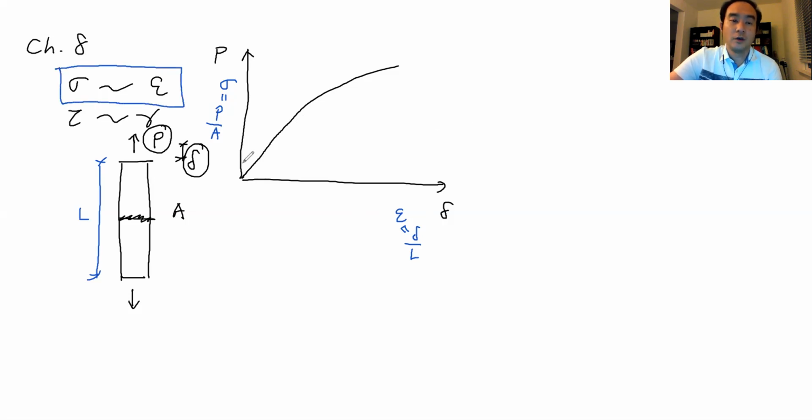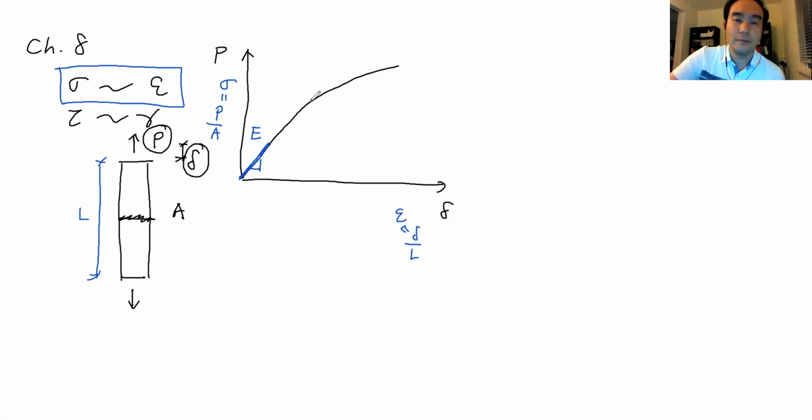First of all, we can easily find the initial proportional relationship between sigma and epsilon, that is called the Young's modulus, okay? And then we can have a point where the behavior changes from elastic behavior to inelastic, nonlinear, or plastic behavior.